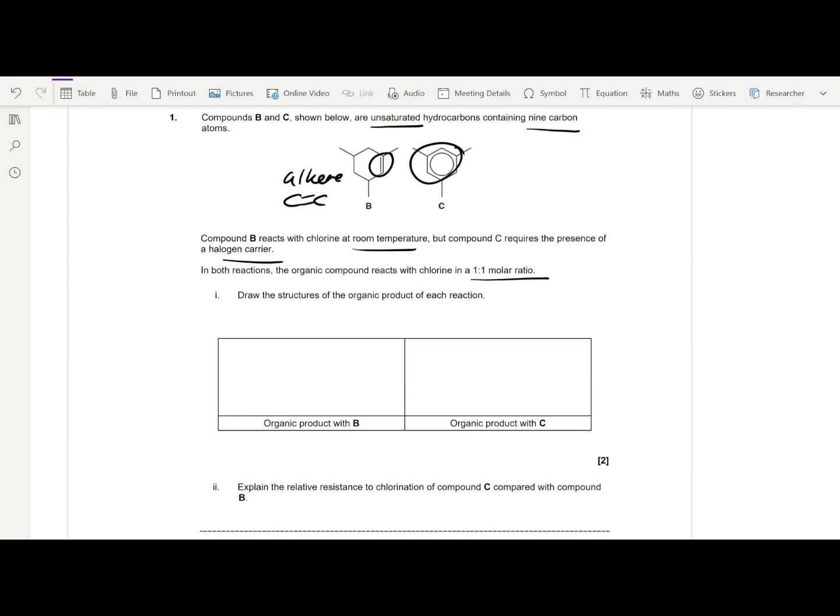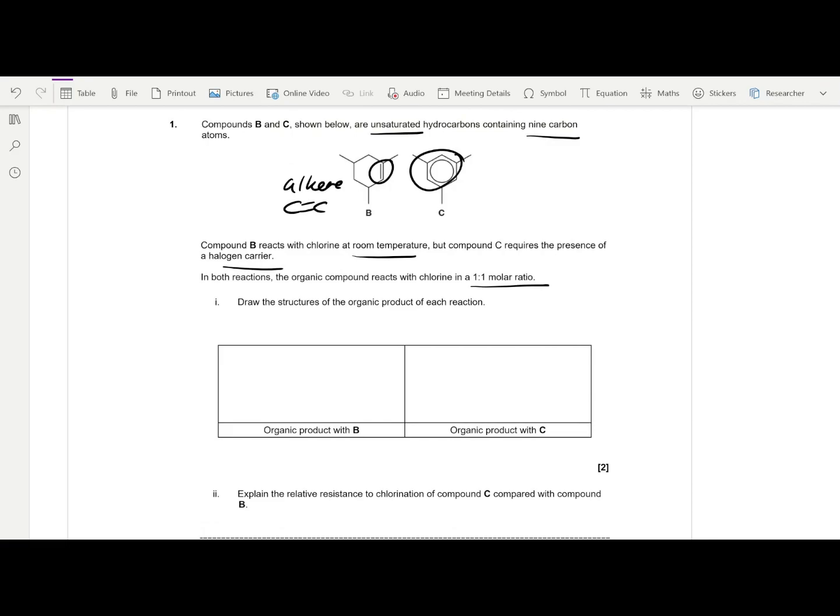So let's go ahead and draw out the basic structures. For compound B, we can identify that the alkene group is going to be removed by electrophilic substitution. So we'll draw our side chains on here and add our chlorine atoms at those positions where the double bond was.